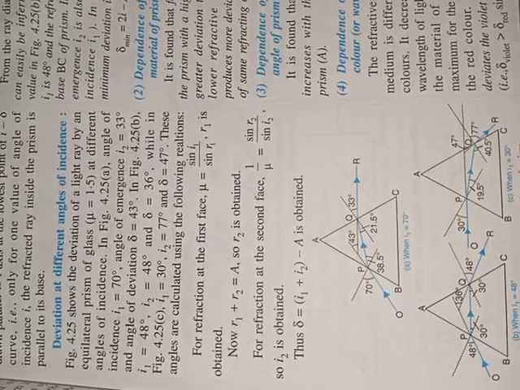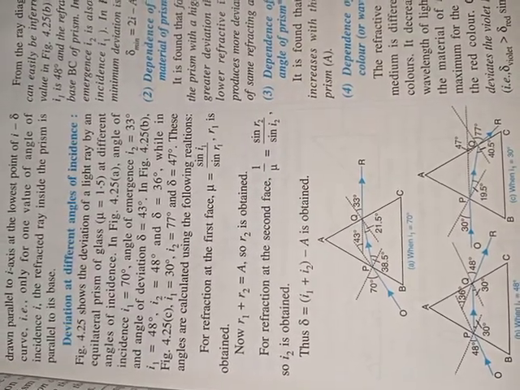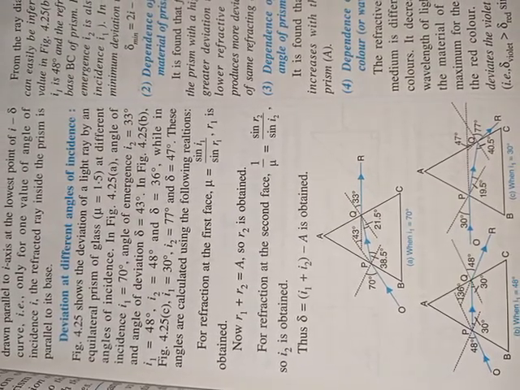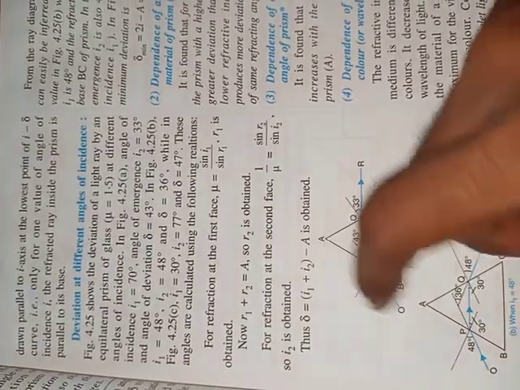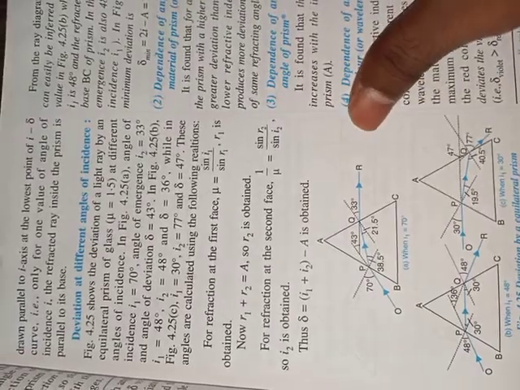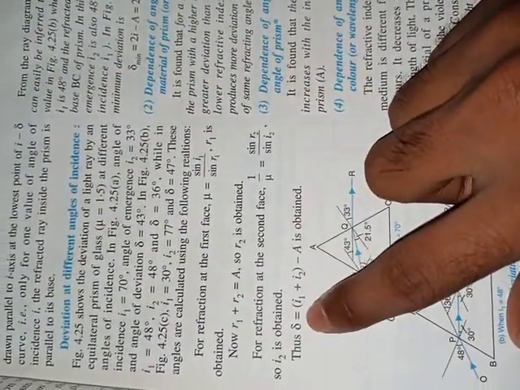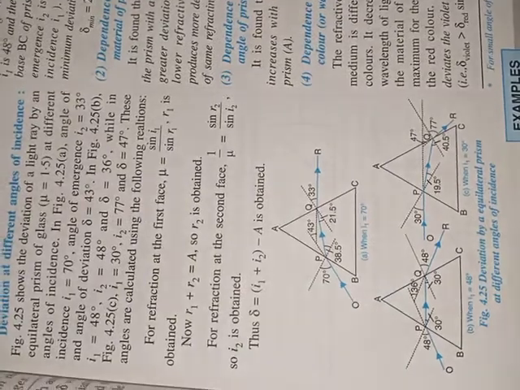Angle of incidence I1 equal to 70 degrees, angle of emergence I2 equal to 30 degrees, angle of deviation is given. While in the figure, these angles are calculated using the following relation. Okay, how are those angles calculated? Delta equal to I1 plus I2 minus A. A is obtained because we know that an equilateral triangle has every angle 60 degrees. So I got A.